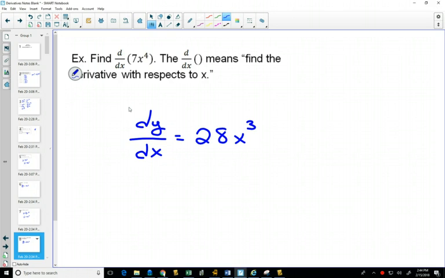Now, if I wanted to be really focused on notation, and I will not deduct for this, I would get mad at myself here a little bit because I introduced a y and there was no y given. So if I wanted to write this properly, I should do this. That would be more proper.